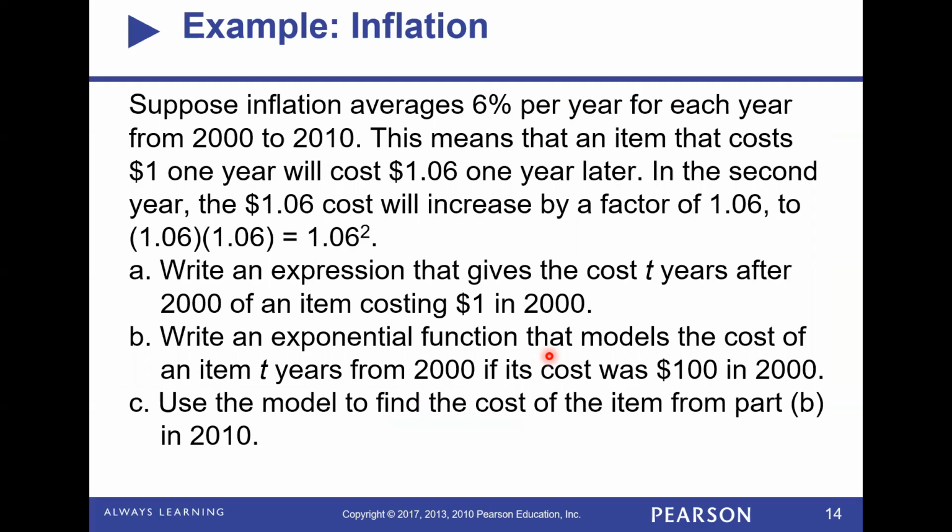This means that if you have an item that costs $1, 1 year later, it's going to cost $1.06. Now, in the second year, the item costs $1.06, and we're going to increase it by another factor of 1.06, which means it ends up being 1.06 to the second power.